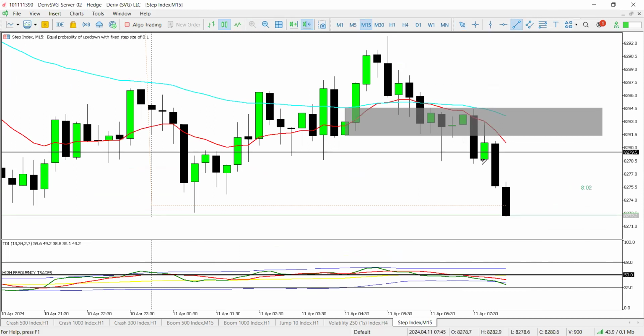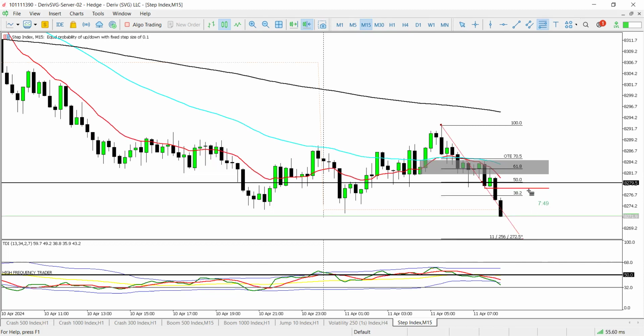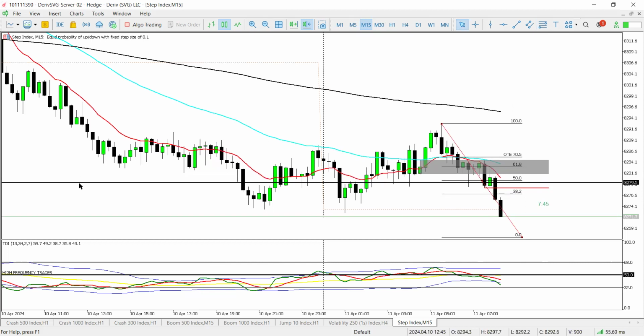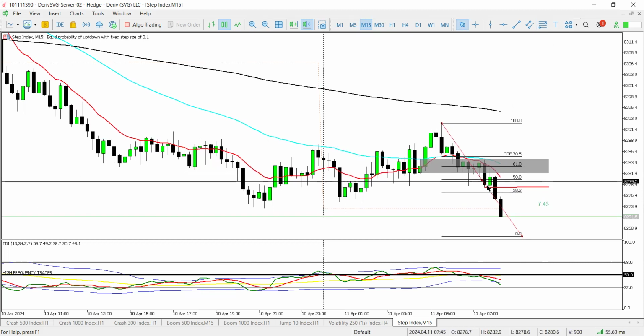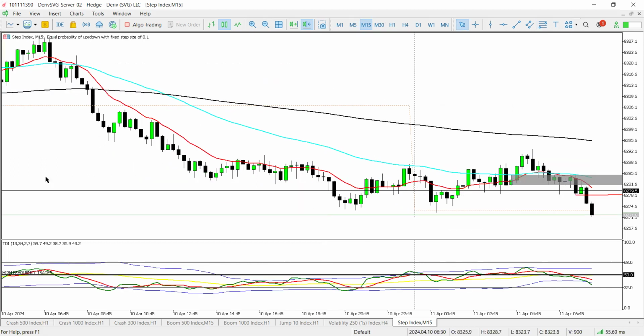But if price can retrace to this area, we can look for a sell. So right now, price is creating an impulsive move. Wherever it stops, it will retrace. When it retraces, we're going to jump in and we're going to target 82.35 as a take profit. So that's my view for step index. So I think that's all from me today.